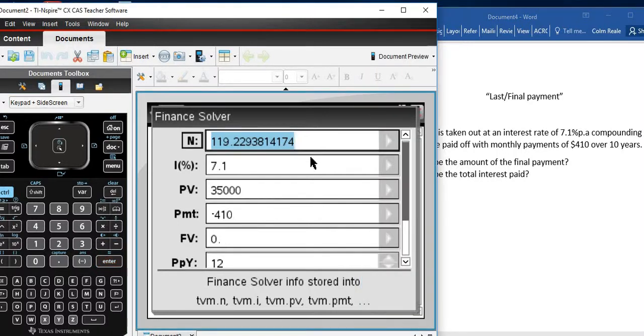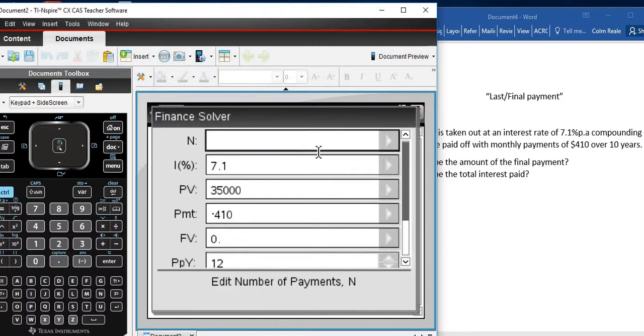Now we've just shown on the finance solver that it's not going to take 120 full payments to get rid of this loan. It's going to take 119 full payments and a final payment. So we need to figure out what that final payment is.